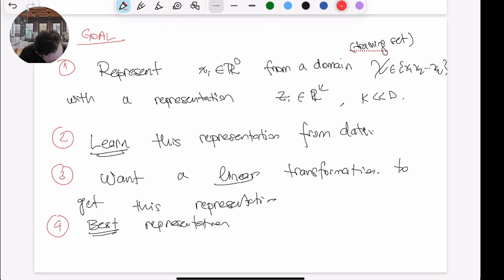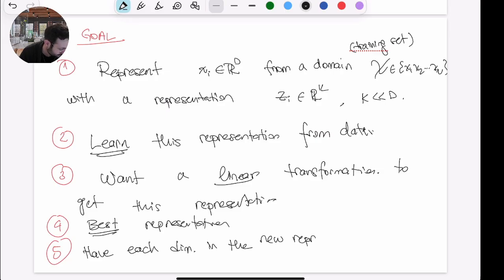And 5, okay, this is good. I would like to have each dimension in the new representation introduce something new.